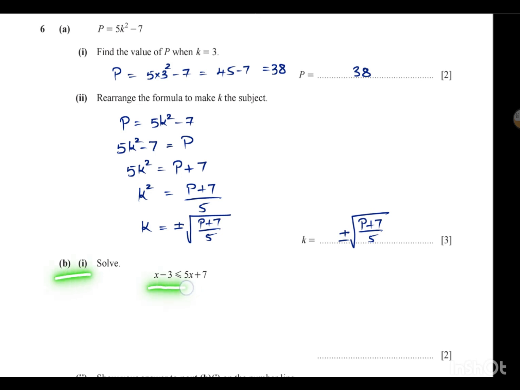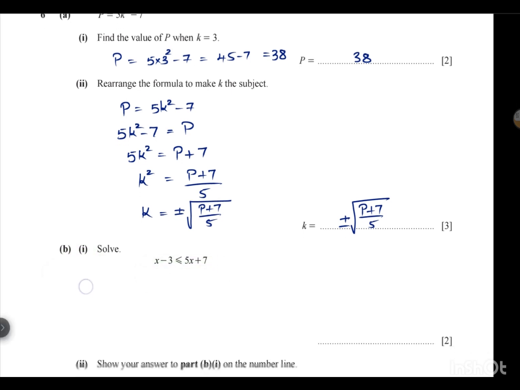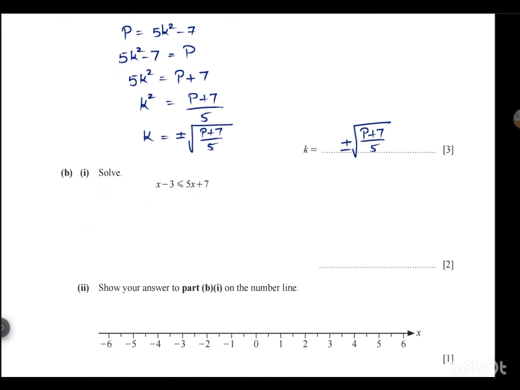Question number B. Solve x minus 3 less than or equal to 5x plus 7. It's an inequality, so when you are dealing with inequality, you have to be a little bit careful. Bring the x term to the left hand side and the constant to the right hand side in the first step itself.